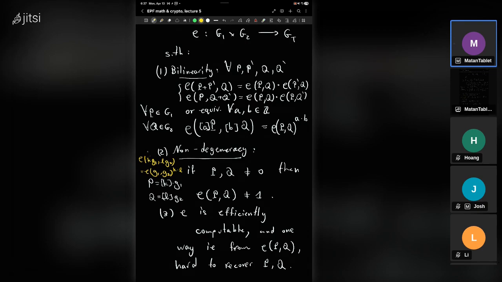But this is equal to 1, right? And this means that E of G1, G2 would also be equal to 1. So by easy induction, E of everything is going to be equal to 1. Okay?